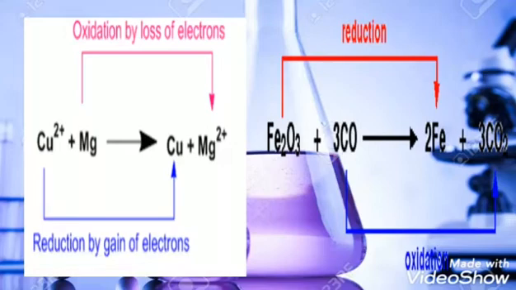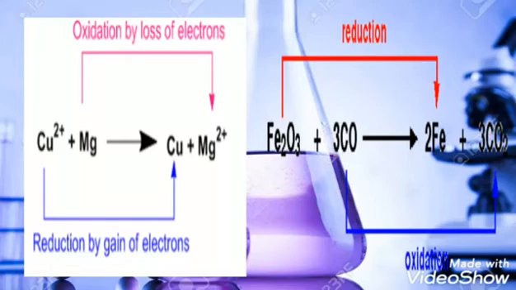Magnesium therefore loses electrons and undergoes oxidation reaction. Magnesium also is my reductant or reducing agent. On the other hand, copper changes from copper +2 to copper neutral, meaning it gains electrons. So copper therefore undergoes reduction reaction and it is my oxidant or my oxidizing agent.